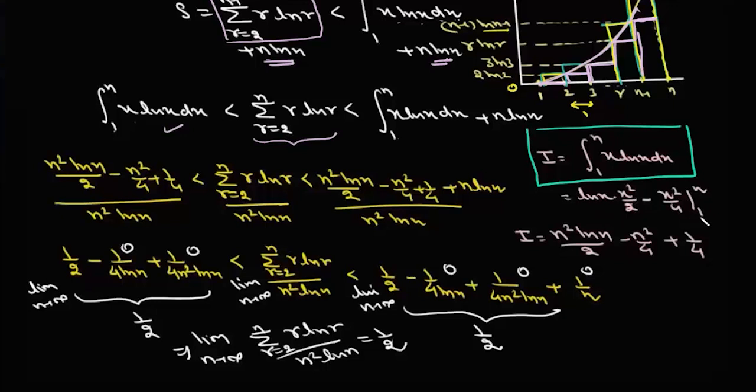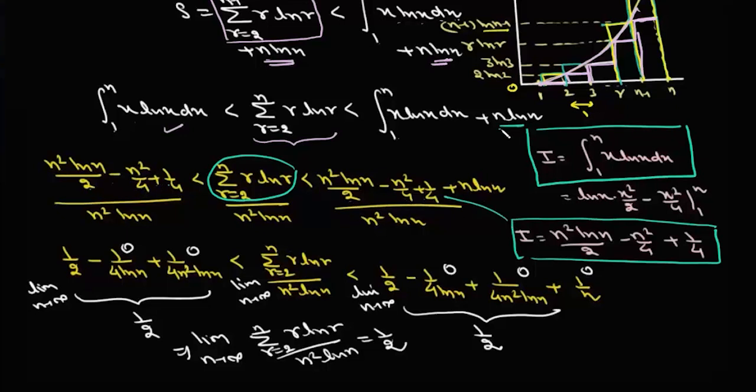So if we put in the upper limit and lower limit, we'll get this integral as n square log n by 2 minus n square by 4 plus 1 by 4. So now we can write that the summation of r log r will be greater than n square log n by 2 minus n square by 4 plus 1 by 4, and it will be less than n square log n by 2 minus n square by 4 plus 1 by 4 plus n log n.